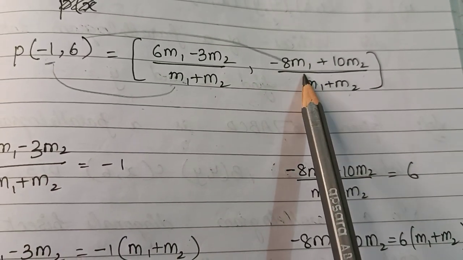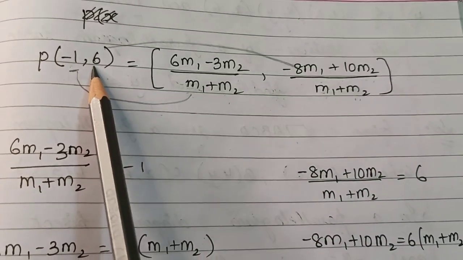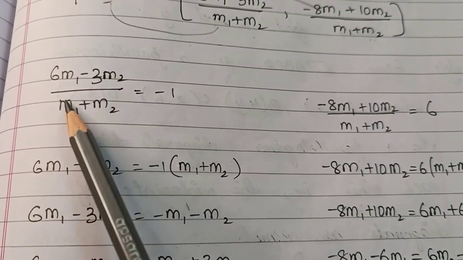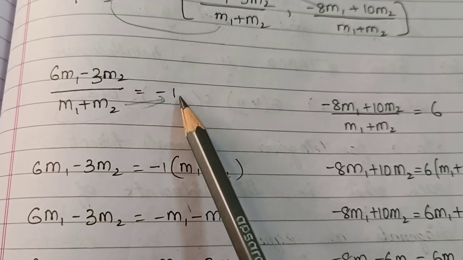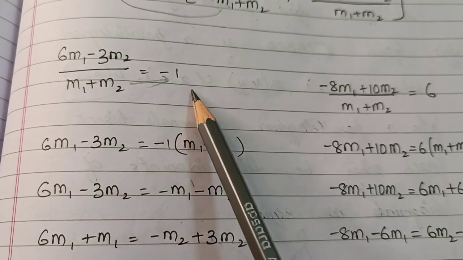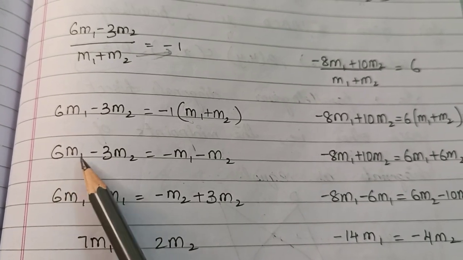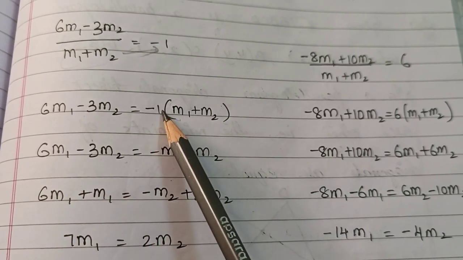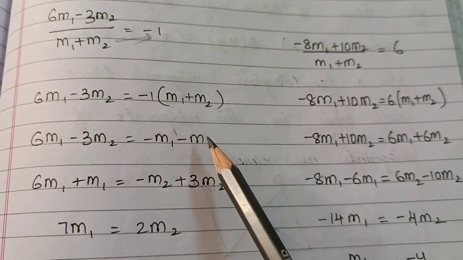Similarly, (minus 8m1 plus 10m2) by (m1 plus m2) is equal to 6. Now cross multiply. This term will be multiplied here. 6m1 minus 3m2 is equal to minus 1 into (m1 plus m2). 6m1 minus 3m2 is equal to minus m1, minus m2.